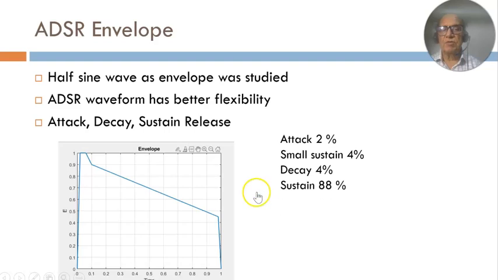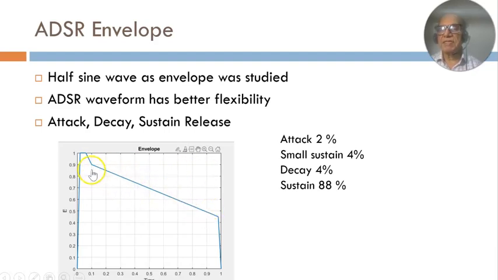Then you have a phase which is called the sustain phase. Sustain might give rise to thinking that this is completely constant. That is not necessarily so. For certain envelopes this could be constant, but for certain envelopes this could be changing.